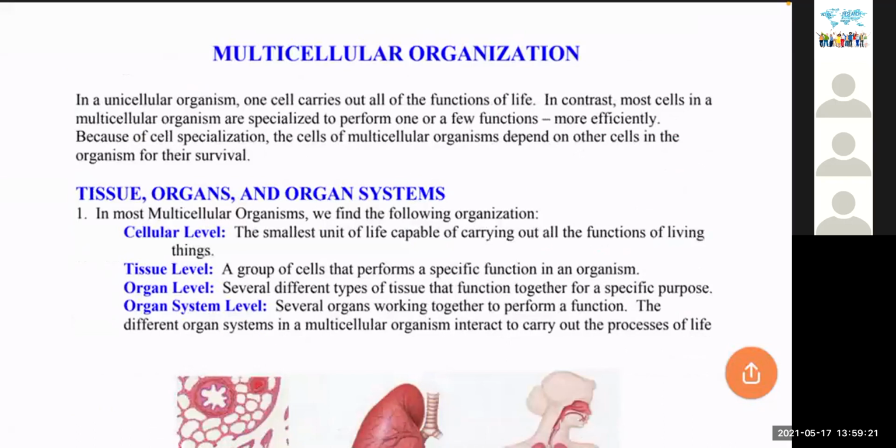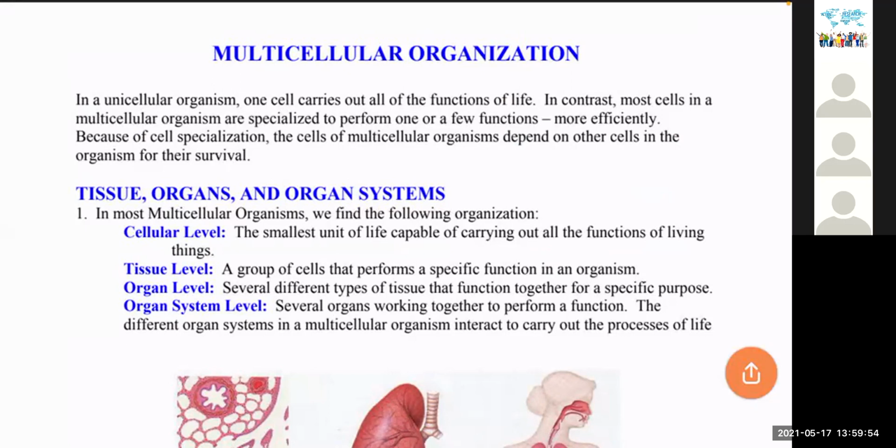In a unicellular organism, one cell carries out all the functions of life. In contrast, most cells in multicellular organisms are specialized to perform one or a few functions more efficiently. Because of cell specialization, the cells of multicellular organisms depend on other cells in the organism for their survival.